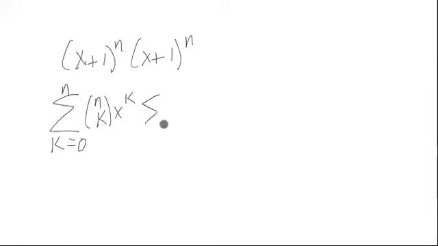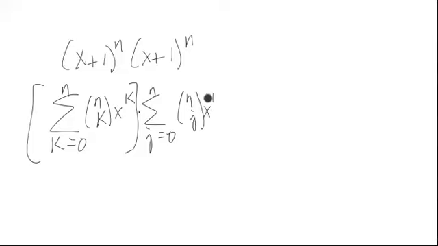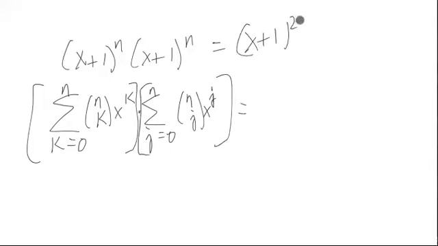For this one, let's use j this time, just so it's different. We're multiplying these two sums together, so here we have n choose j, x to the j. And then we multiply those together. We're supposed to get (x plus 1) to the 2n.